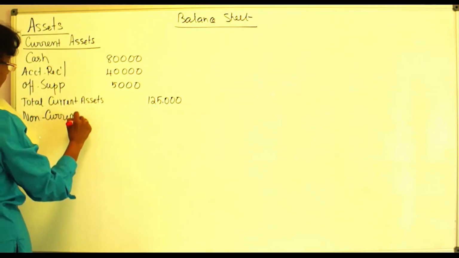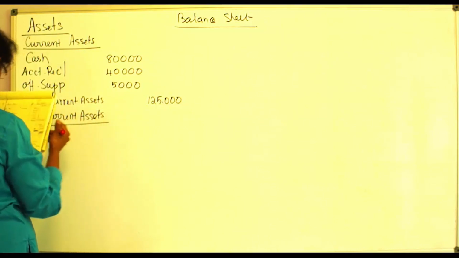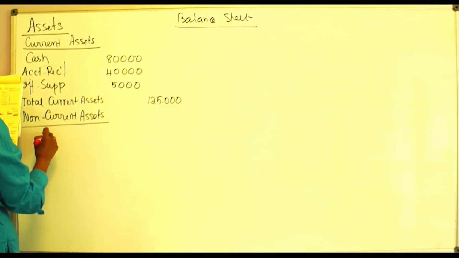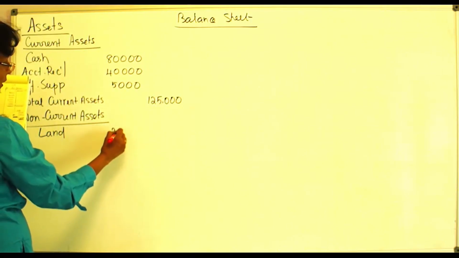And then you go to your non-current assets. So here you have land 200,000.